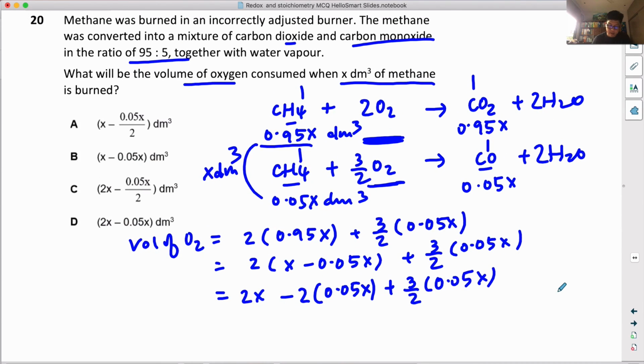If you look at it carefully, this will give you 2x, minus 2 plus half, 1.5 is left, minus half 0.05x. You see that? Based on what I just showed you, in fact this one is option C. So that's how we do it. You need a bit of manipulation at the end.